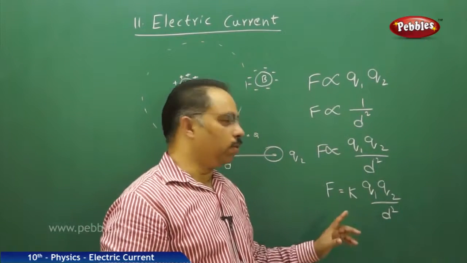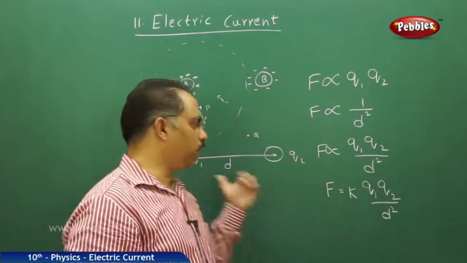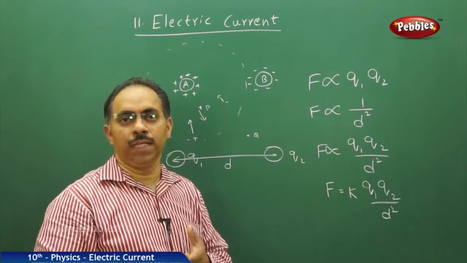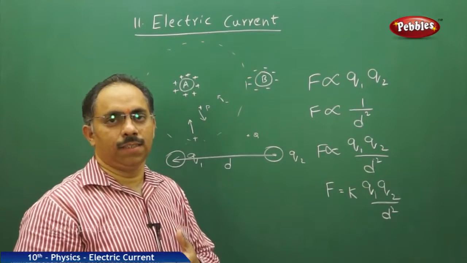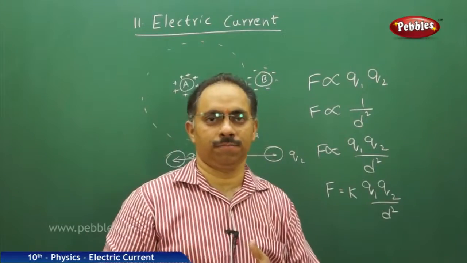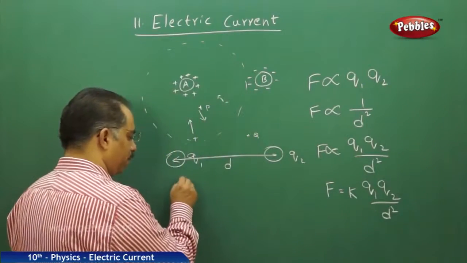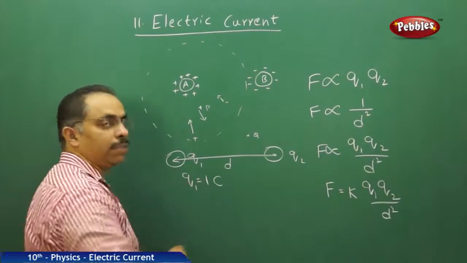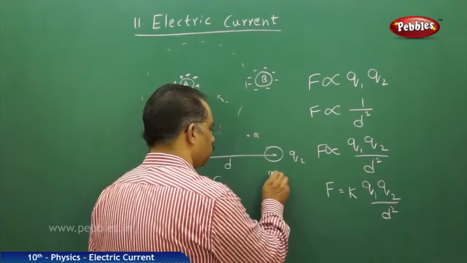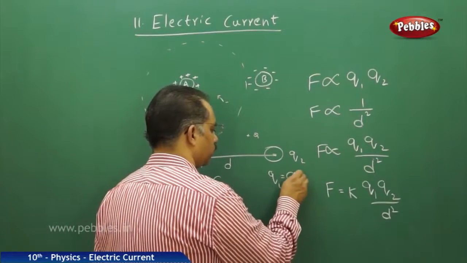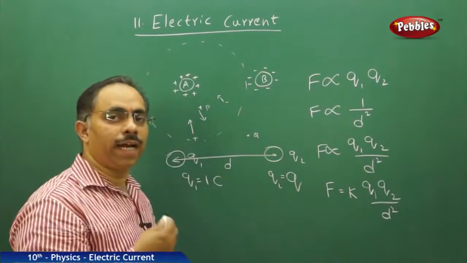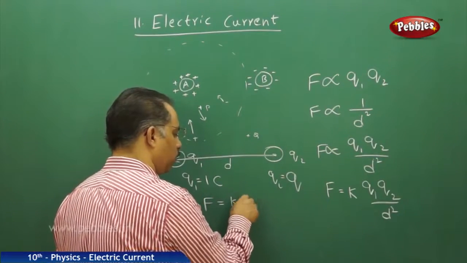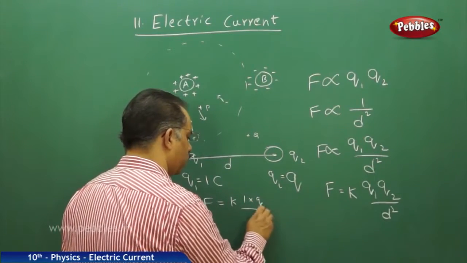Now, out of these two charges, Q1 and Q2, if I take one charge as unit charge, charge is measured in coulombs. So, if Q1 is equal to 1 coulomb, C is the symbol for coulomb, and Q2 is equal to Q, then in the same expression F will become K into 1 into Q by d square.